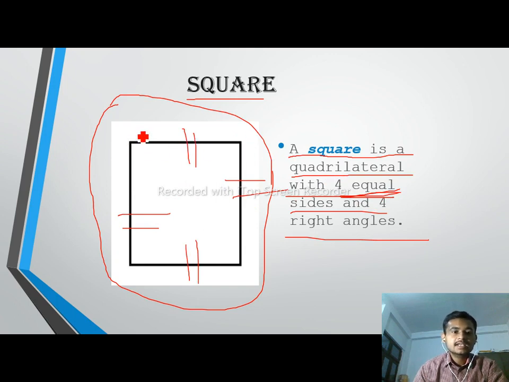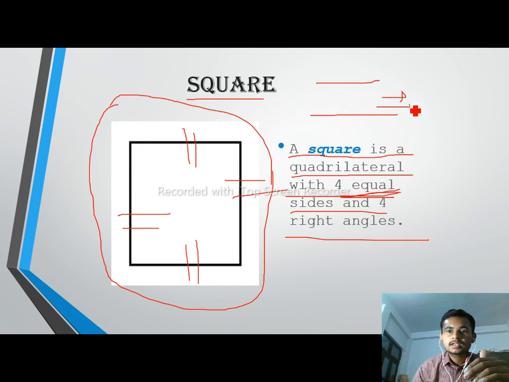Parallel means they are in the same direction of line. Like these lines are both parallel because they are in the same direction. When 2 lines are in the same direction, then those 2 lines are known as parallel. That's why it is also known as a parallelogram.